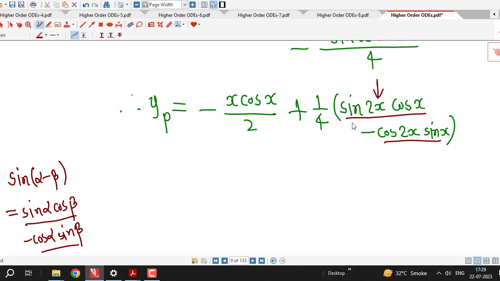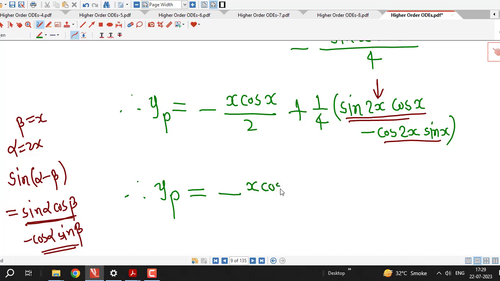So if you compare this with this right hand side, you will see that alpha is 2x and beta is x. So that I can rewrite in simpler form using this formula. I am writing this as it is minus x cos x divided by 2 plus 1 by 4 sin of alpha minus beta. Alpha is 2x, beta is x.